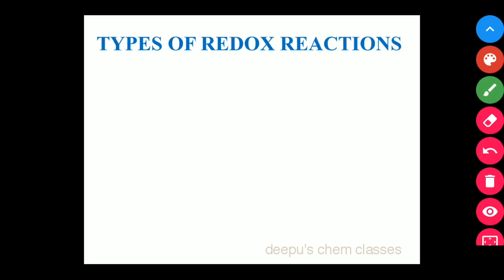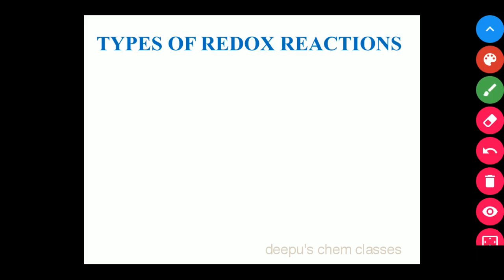Let us see the types of redox reactions. Actually, the types of chemical reactions you may have studied in 10th standard: combination, displacement, double displacement and decomposition reactions. Here also you are going to study more or less the same concept, but with how it accompanies both oxidation and reduction.